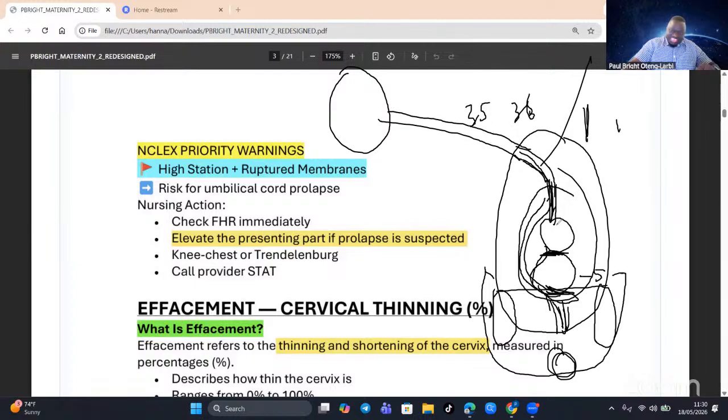This baby here, the blood vessels are connecting straight. The only junction is what? The placenta. Okay. So if I have umbilical cord that has prolapsed and the head of the baby is compressing on it, it means that what?